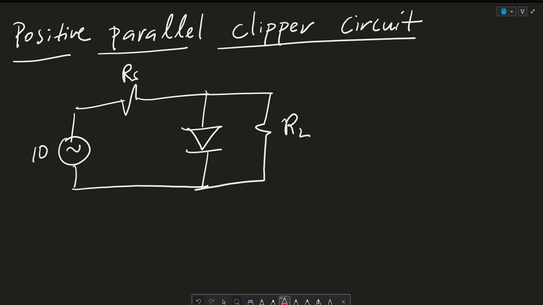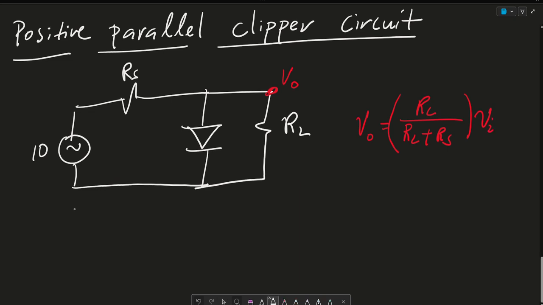So this is the last configuration. As you can see, if we consider this to be our V out, it's in a parallel configuration with this diode. Again, we can say V out is equal to RL over RL plus RS times V in.